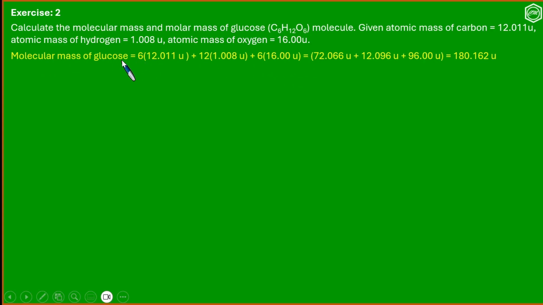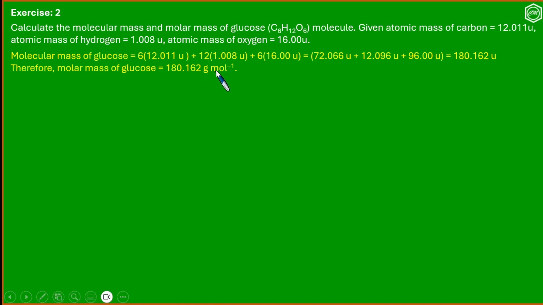Now molecular mass of glucose is 6 into atomic mass of carbon plus 12 into atomic mass of hydrogen plus 6 into atomic mass of oxygen, that is 72.066 u plus 12.096 u plus 96.00 u, that is 180.162 u.